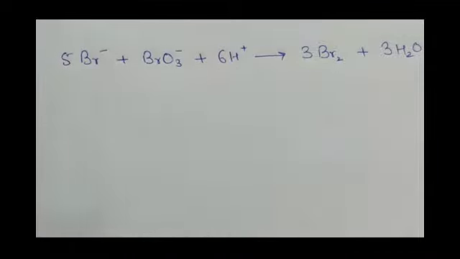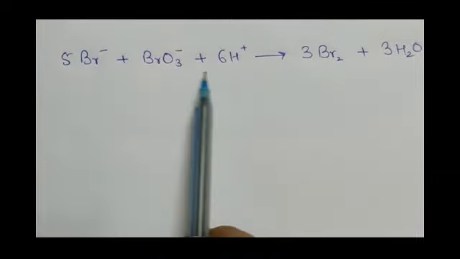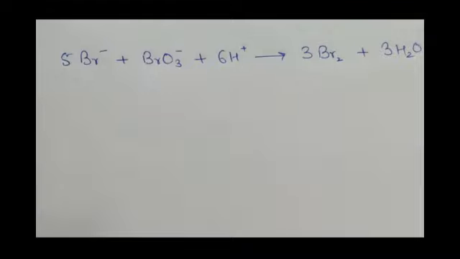So such reactions are called complex reactions, because these reactions take place in several steps, and such reactions are different from the elementary reactions. In case of the elementary reactions, the overall reaction takes place in a single step only, and for this type of reactions, as all the ions are not reacting together simultaneously, they react in several steps at several rates.